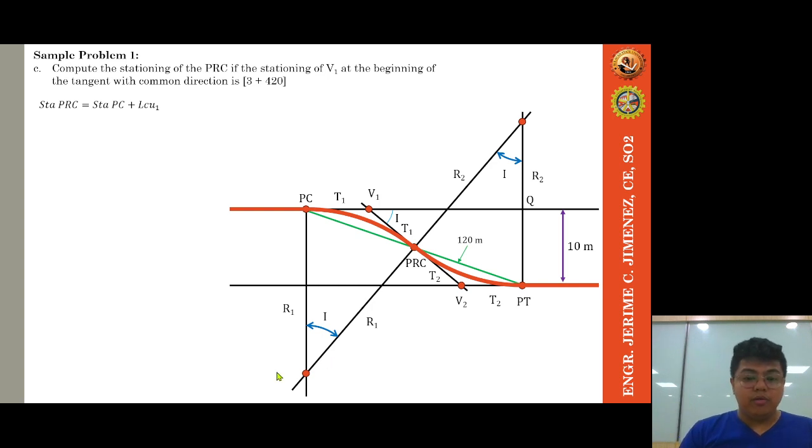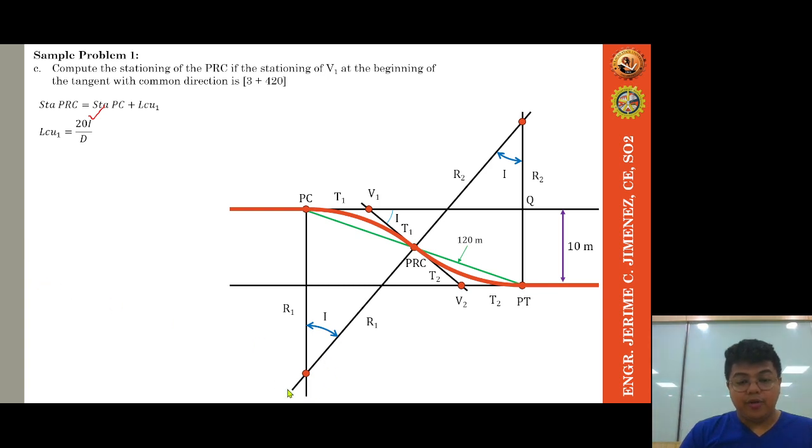So I'll be using chord basis, which is 20I over D, to get the length of the curvature. Nakuha na natin yung central angle. Okay, meron tayo dyan. Pero itong D, hindi pa. But we can compute for the degree of the curvature of the first curve. By how?